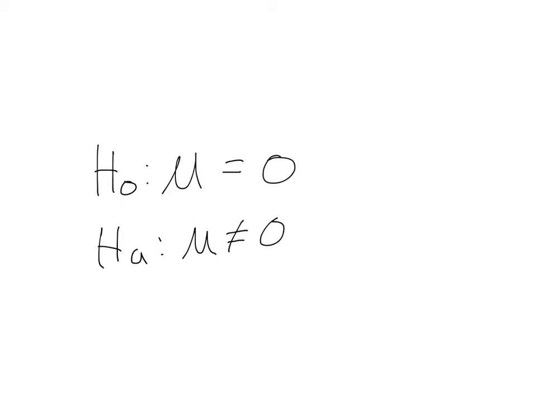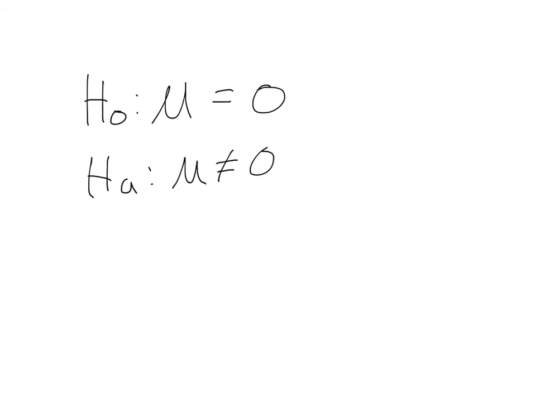Our null hypothesis is mu equal to 0, and then we're testing if it's not equal to 0. So we're testing if the population mean is equal to 0 or not. We're going to do a t-test.